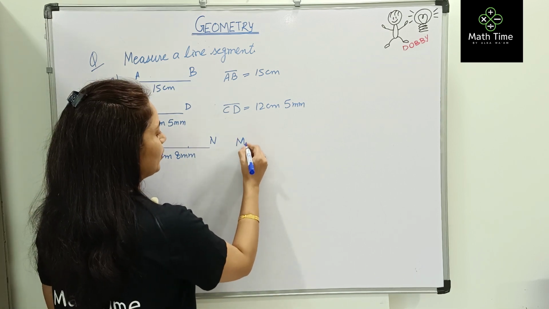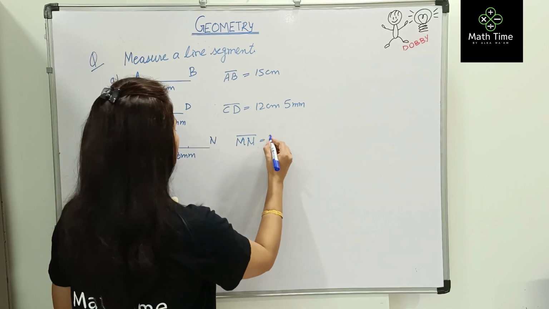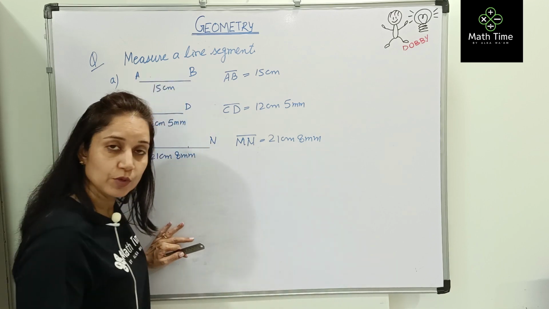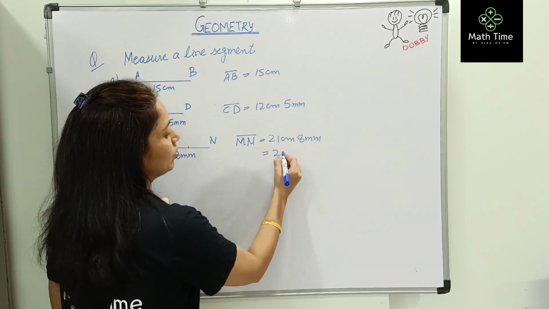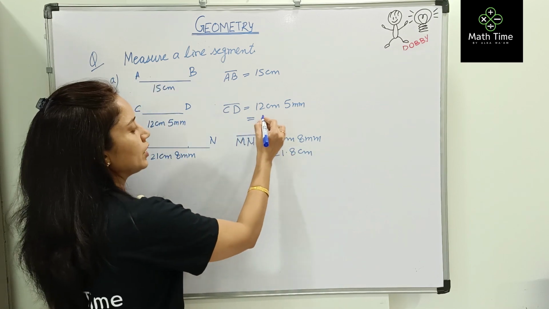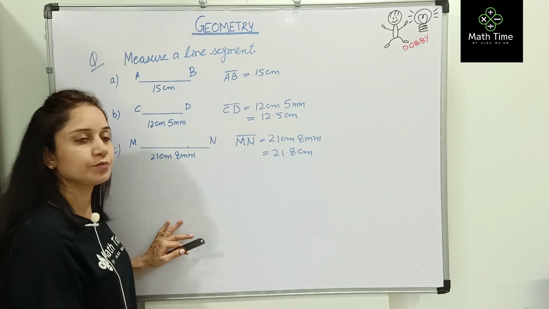Measurement of line segment MN is 21 centimeter 8 millimeter. Same you can write in decimal also. How? 21.8 centimeter. And CD also you can write in decimal, 12.5 centimeter.